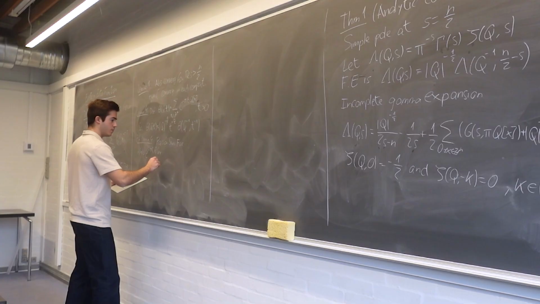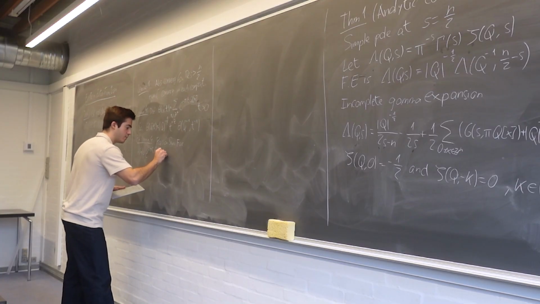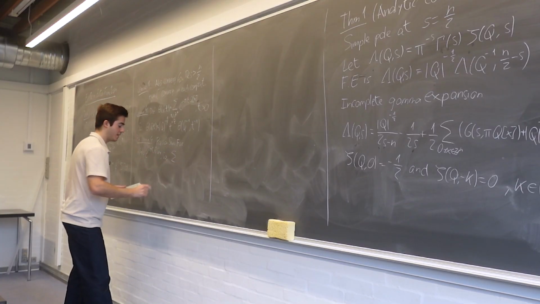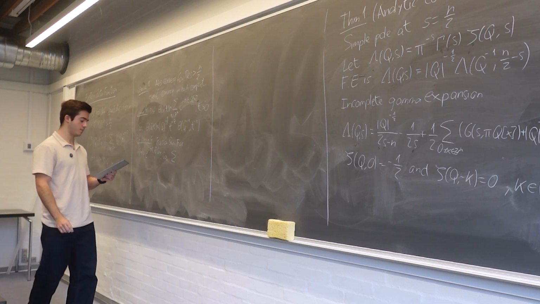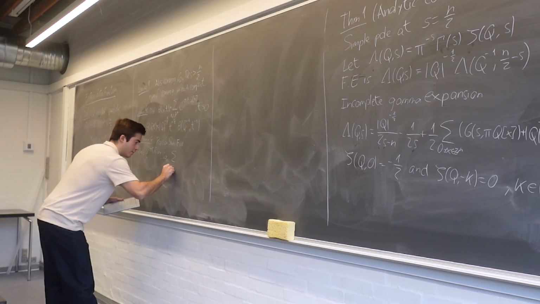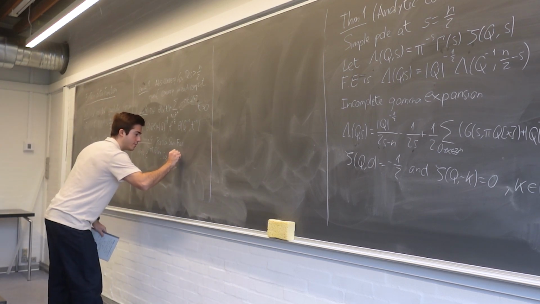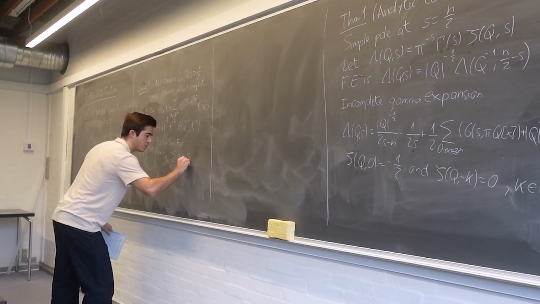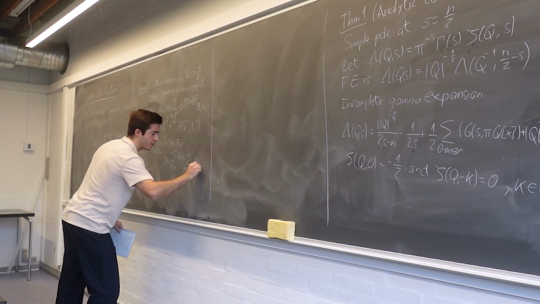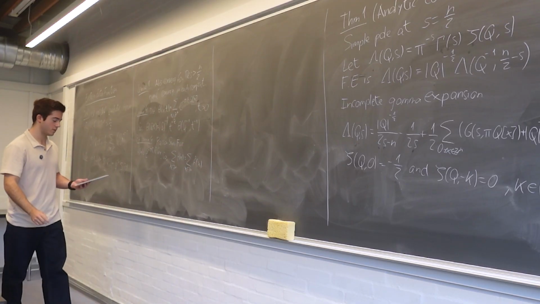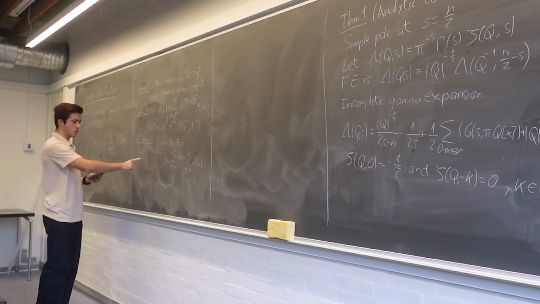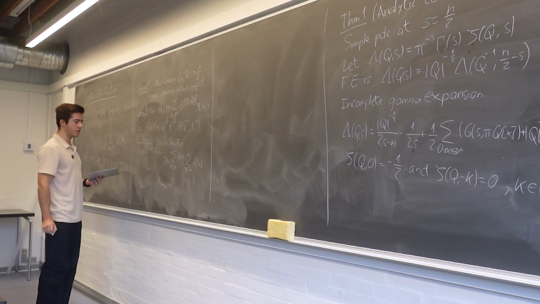Okay. Poisson summation says basically, this is a Schwartz function. This is equal to the sum of the Fourier transform of f. So we'll compute the Fourier transform of this guy.